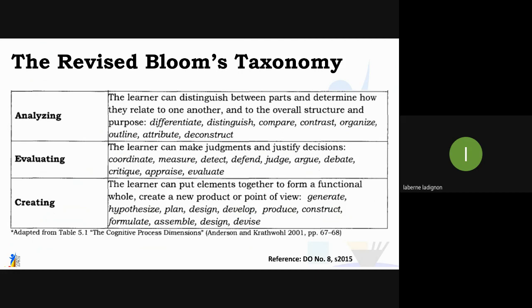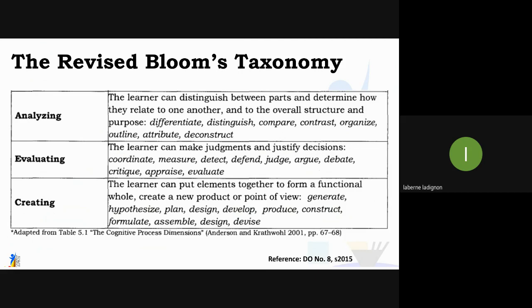For example, they can differentiate, we can ask them to distinguish, compare or contrast, organize, outline, attribute, or deconstruct. If you are using these words in your instructions, you are helping our learners to analyze the things that you want them to analyze based on the topic that you have given to them.